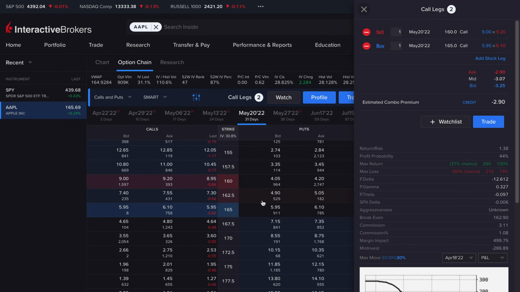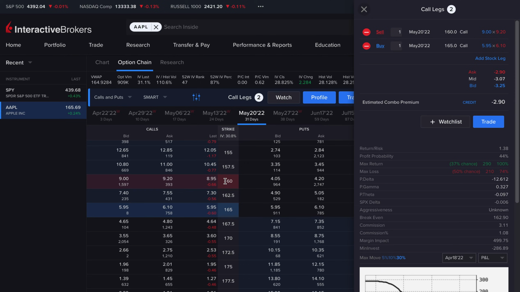So ideally, whenever you construct a bear call spread, you want to be sure that the price of the stock remains below your short leg. That's when you win. If that's the case, you've constructed a successful bear call spread.